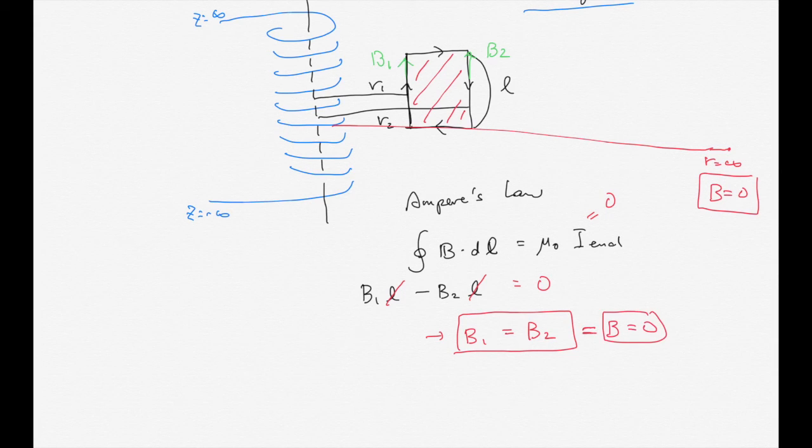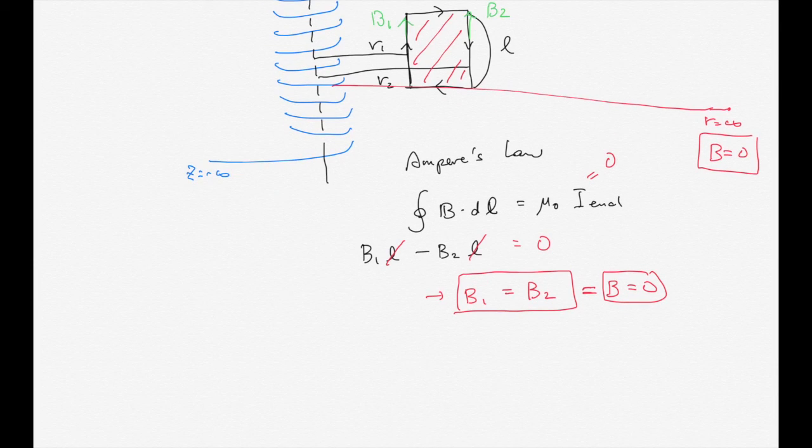We have to connect these two. So outside of the coil, the magnetic field is 0. This is the first result.